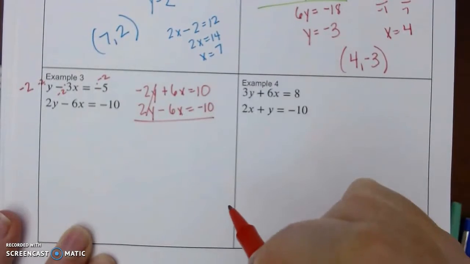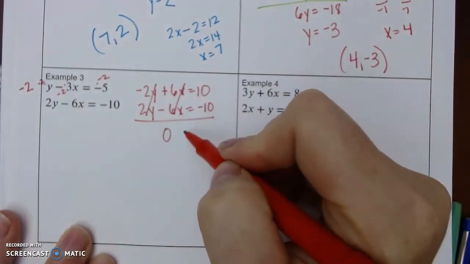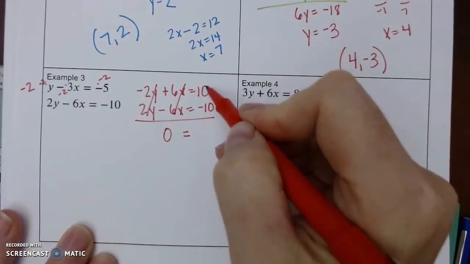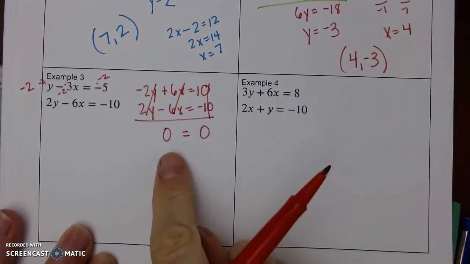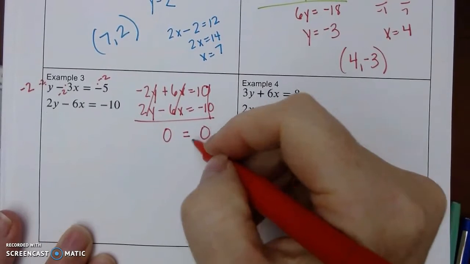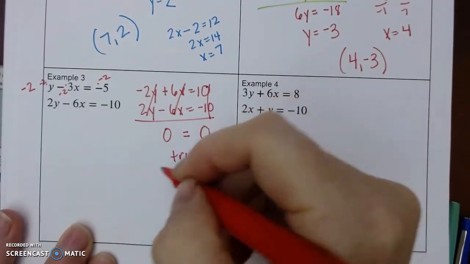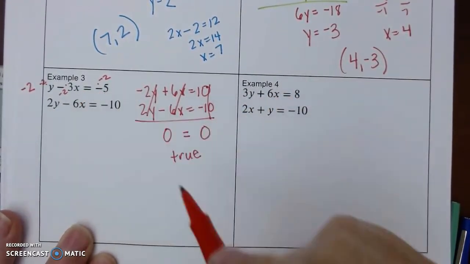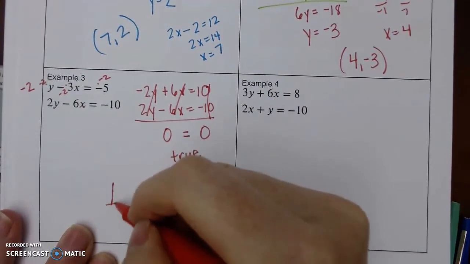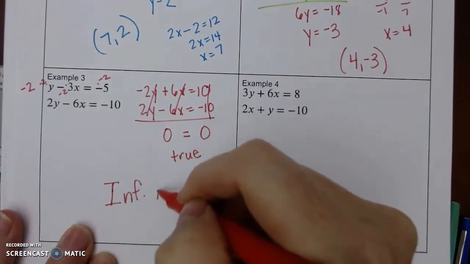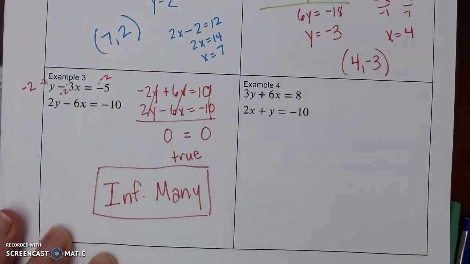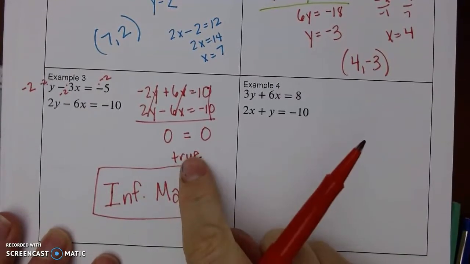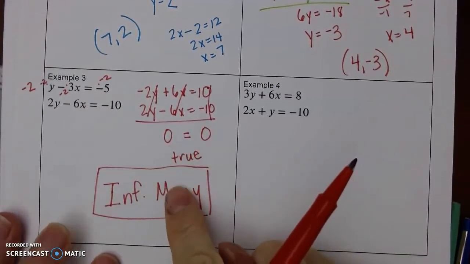Those cancel, I get nothing, and 10 minus 10, those also cancel. Remember, once your letters cancel, you see if this is true or false. Since this is true, these are actually the same line disguised, so there are infinitely many solutions.